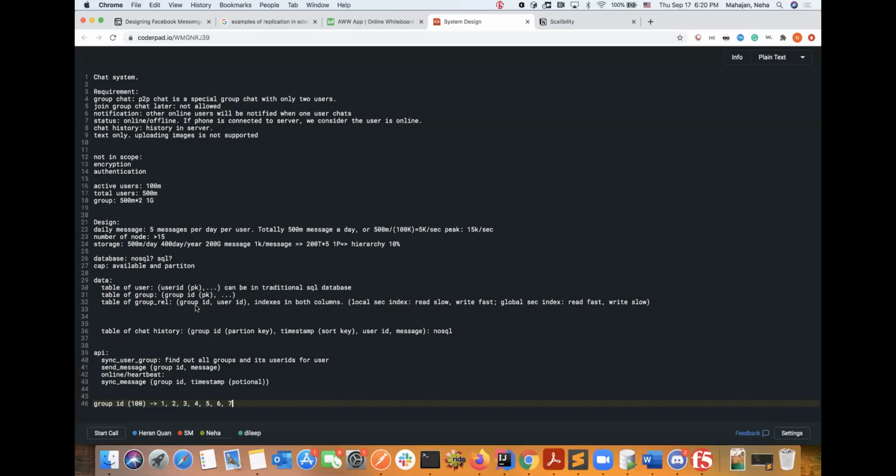Even for groups, why are we creating new columns? Why can't we store that in one column? If we want to make this immutable, we can put everything into one.